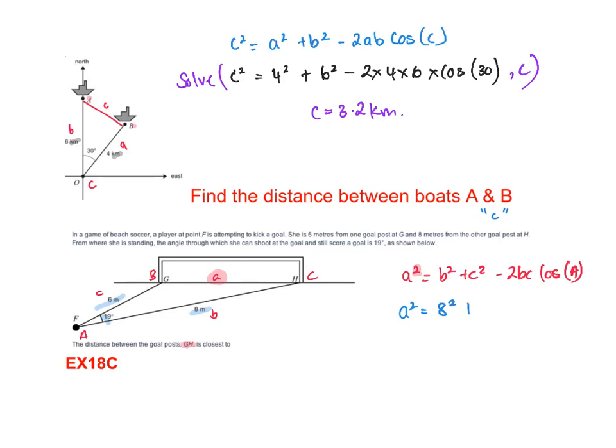So 8 squared plus 6 squared minus 2 times 8 times 6 times cos 19. And then once again, just do solve, comma a, and get the answer. So our a is actually going to be GH equals.